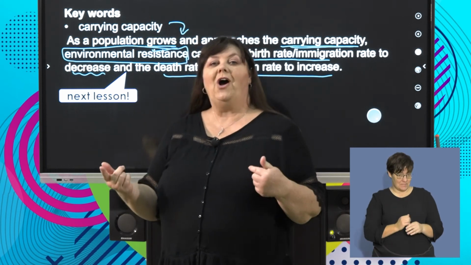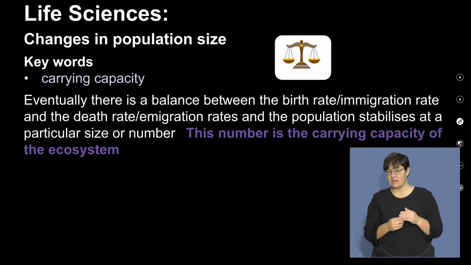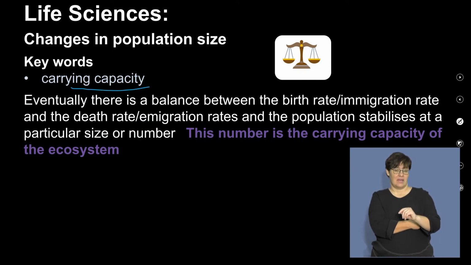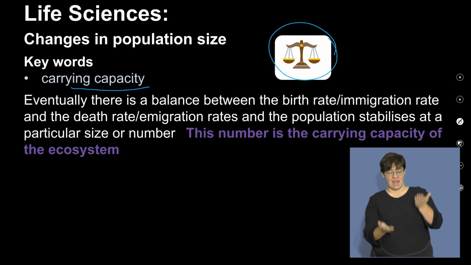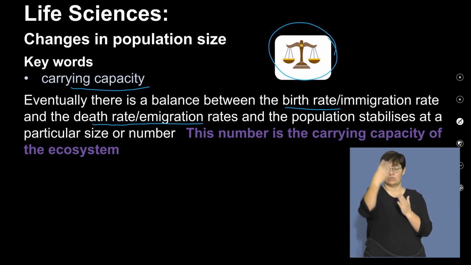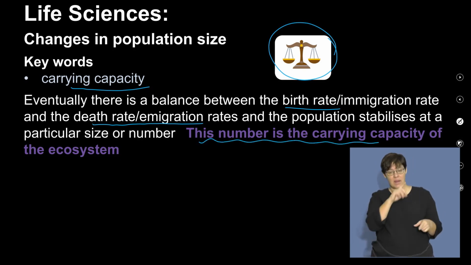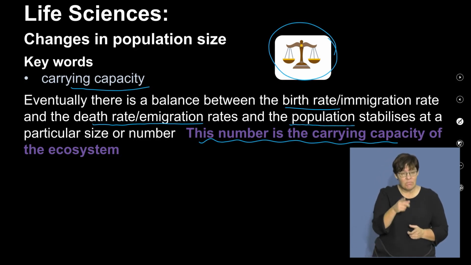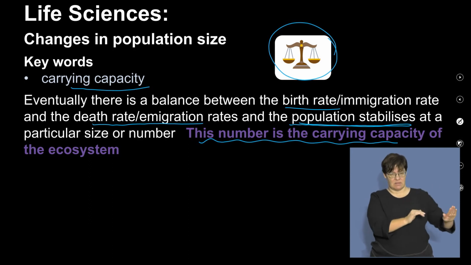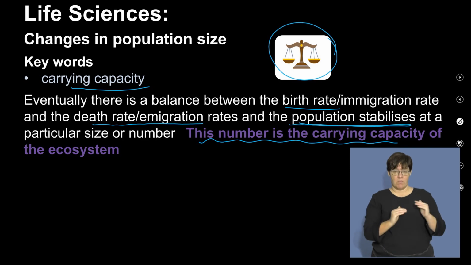We're going to focus on that next time. But eventually, in terms of carrying capacity, there is a balance between adding members to a population and taking away members from a population, and this number is what we call the carrying capacity of the ecosystem. It's when that population stabilizes at a particular size or number of individuals.